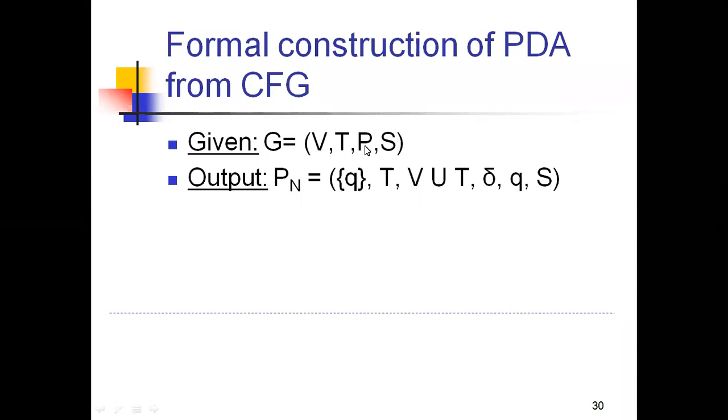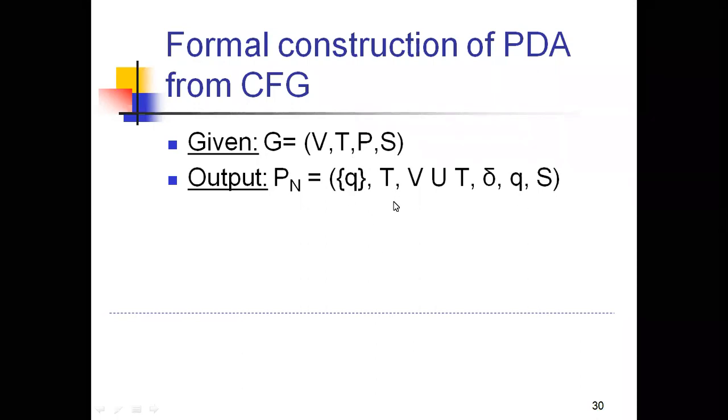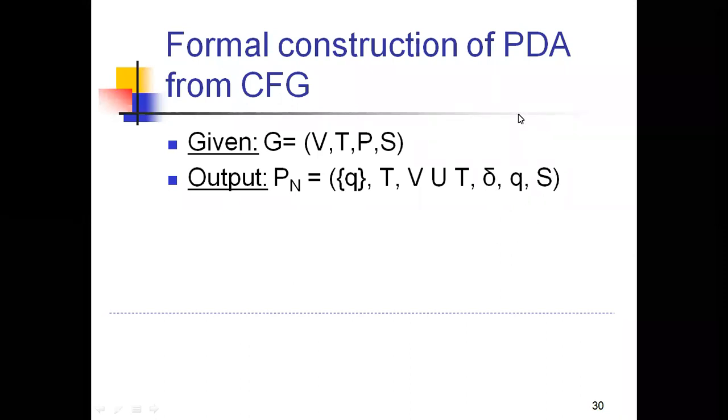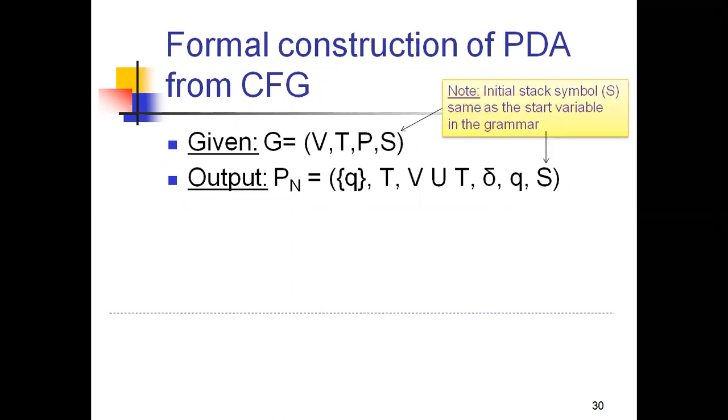But our input is a 4 tuple, and finally we're generating a 7 tuple machine. Q is the states, then terminals as input alphabets, stack alphabets, transition delta, initial state, and final state, as well as the stack alphabet. So the initial stack symbol is S, the same as the start symbol in the given grammar.